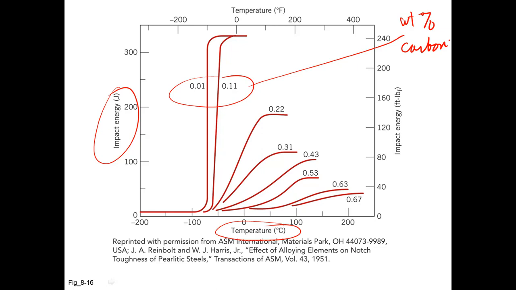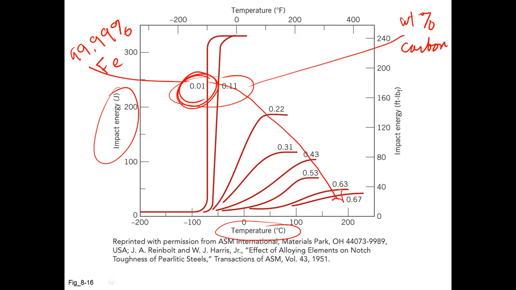And so as we get to these lower values, 0.01, 0.11, we're getting less and less carbon. And as we get very, very low, this would be 99.99% iron, almost pure iron.